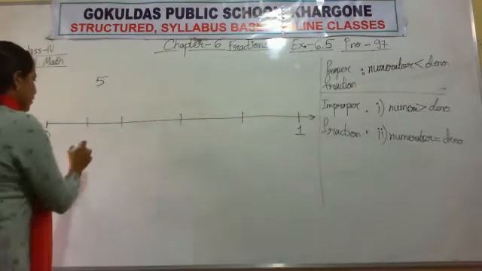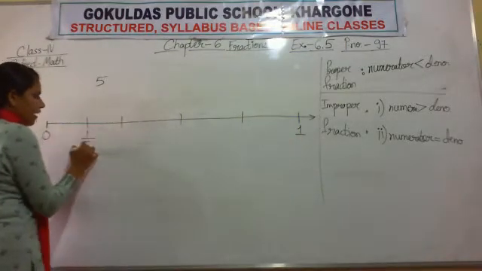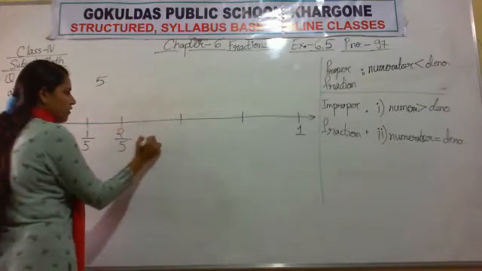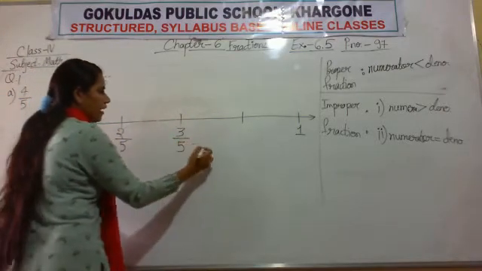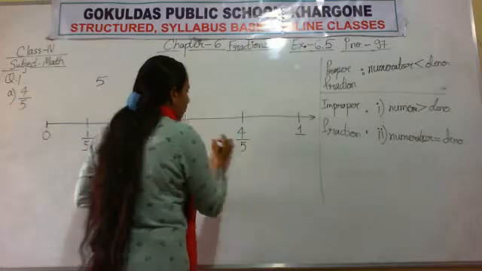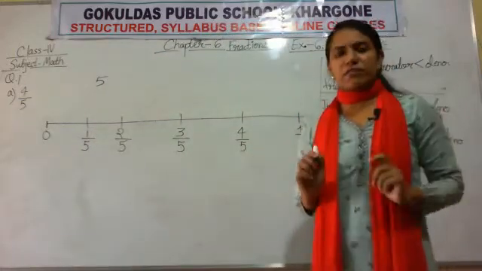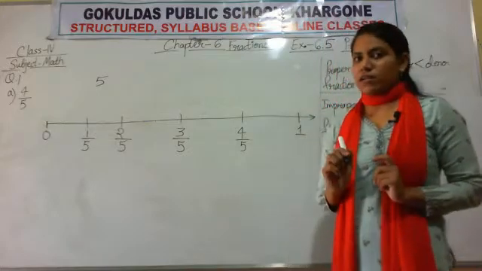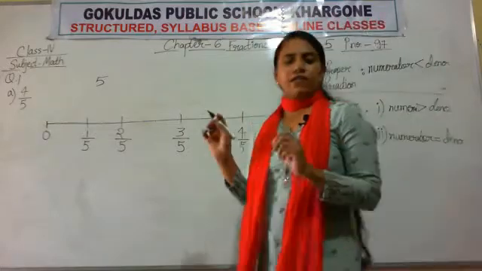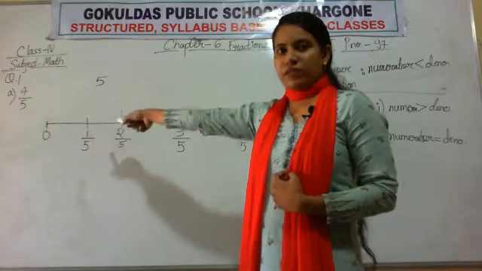Now we will label it as 1/5, 2/5, 3/5 and 4/5. Okay, what we have done, how we represent a proper fraction, I am revising. First of all, we observe the given fraction.